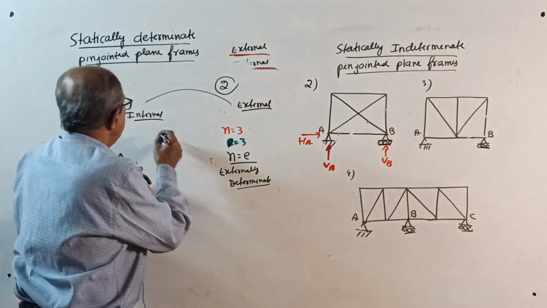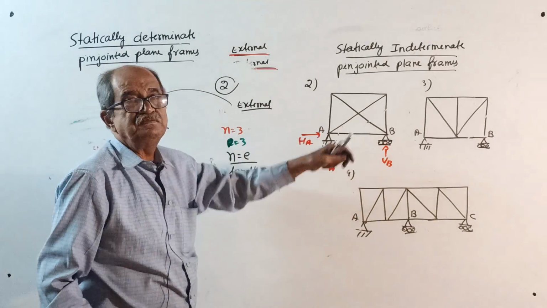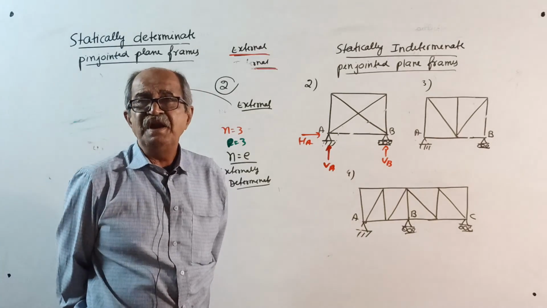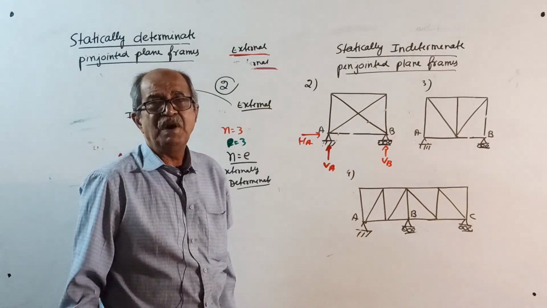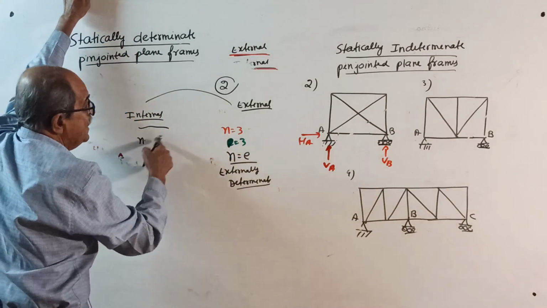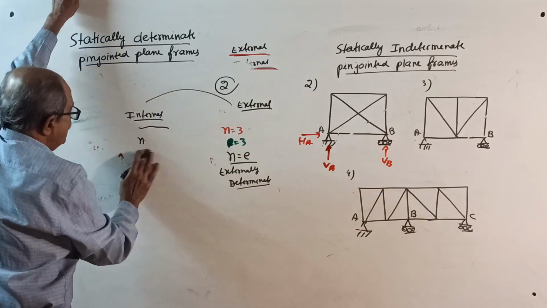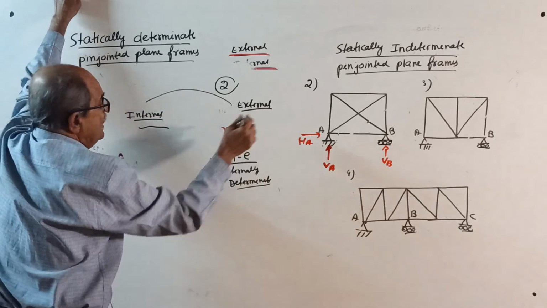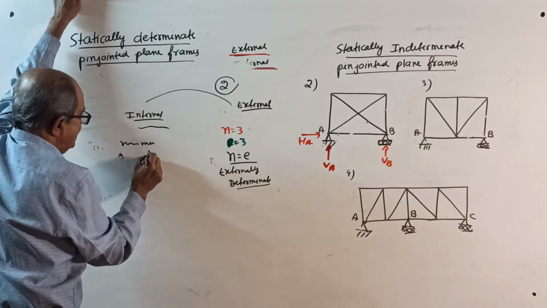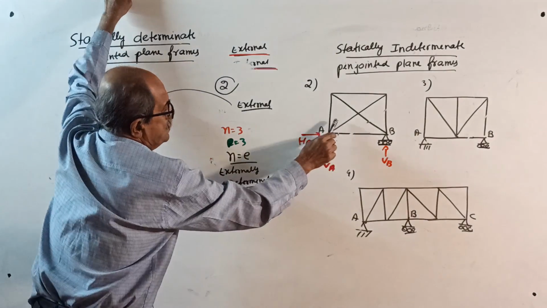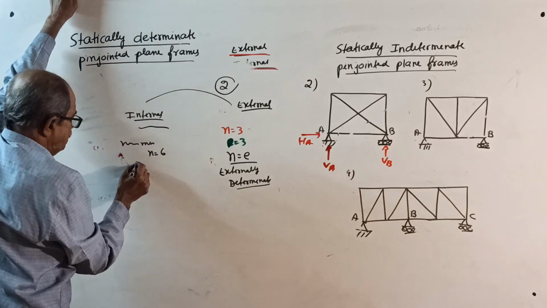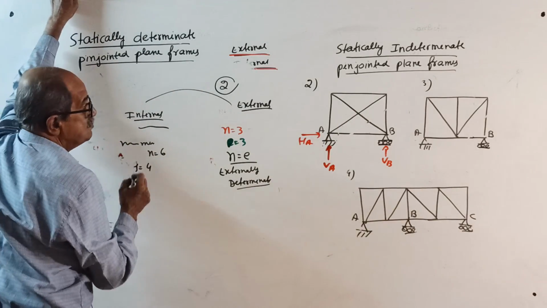Right, this is an imperfect frame, or an imperfect frame with a redundant member. Excess members are there. See here, the number of members: 1, 2, 3, 4, 5, 6. The number of joints is 4.